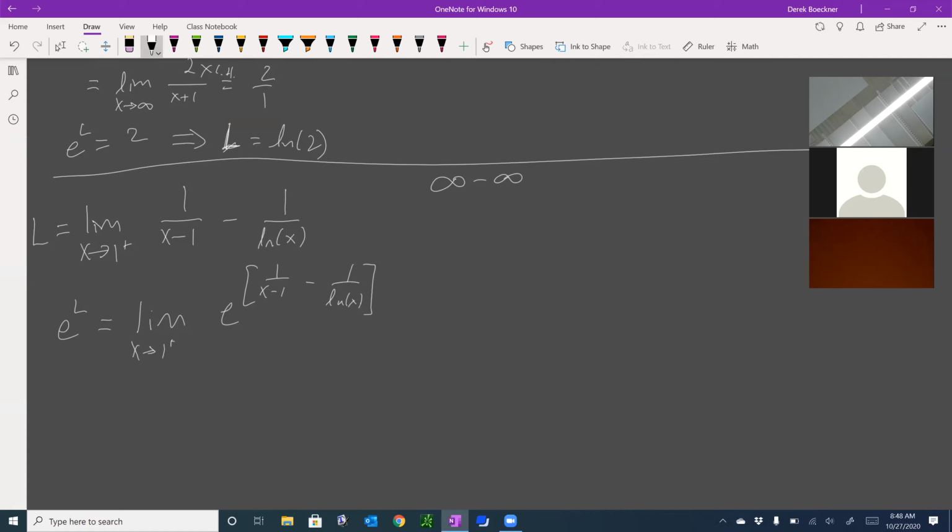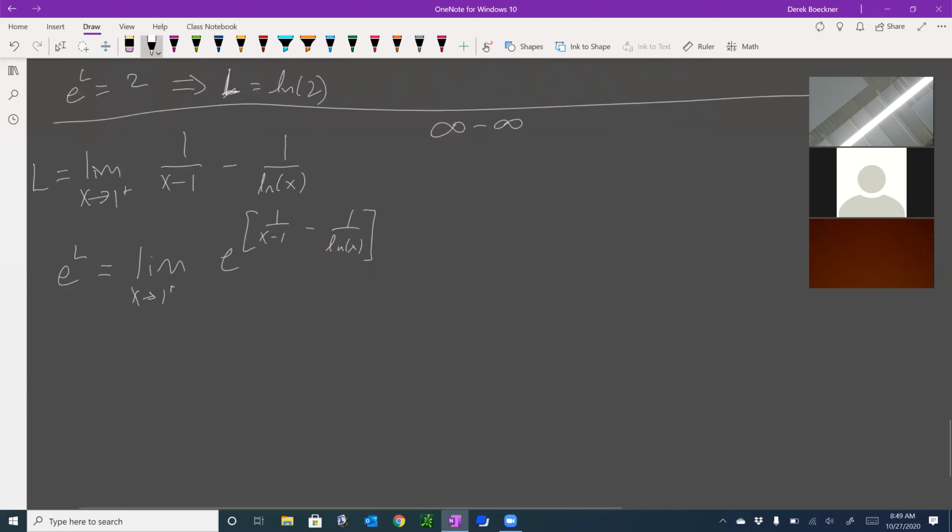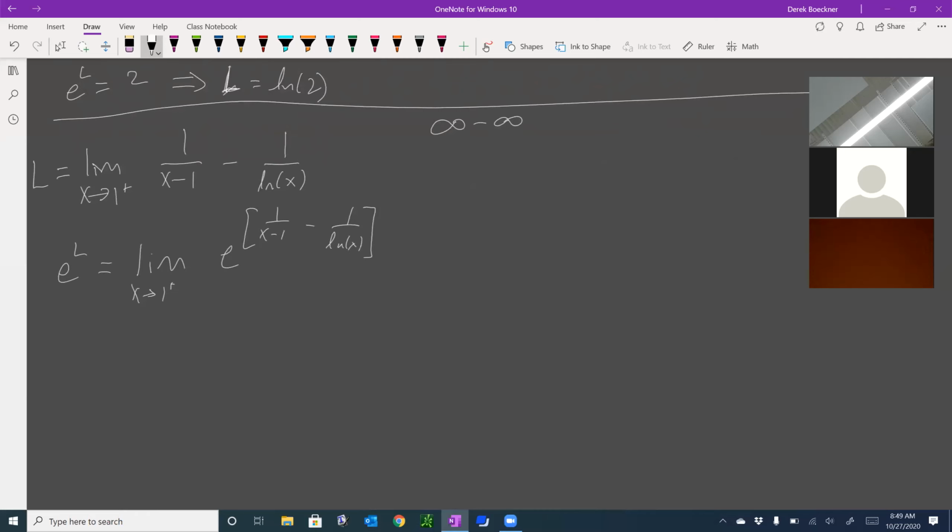So far, so good? Okay. Then we're going to rewrite that as a limit of e to the 1 over x minus 1 over e to the 1 over ln of x. And then we can take derivatives here and here.